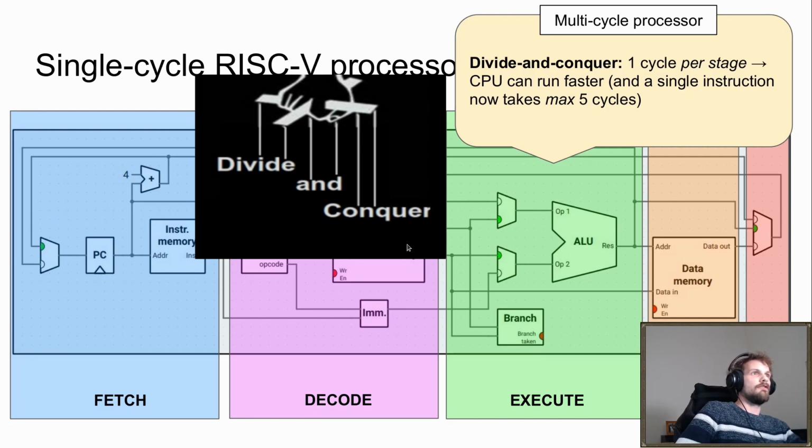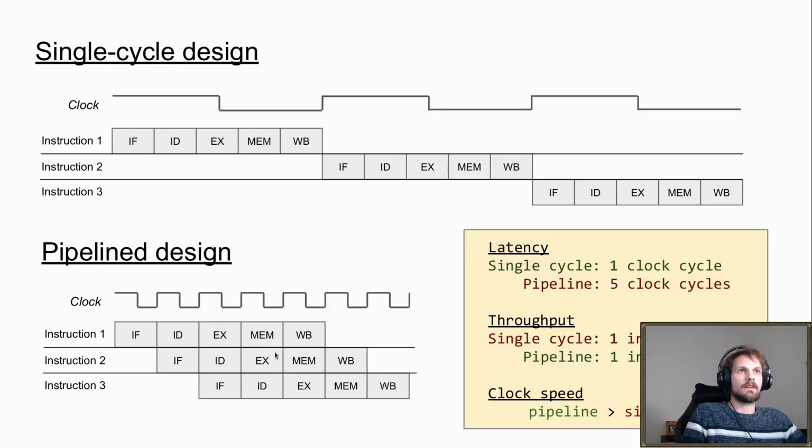Why not divide our CPU into different stages and then have these stages execute in parallel? And this is what pipelining is all about. Assuming now an instruction goes through 5 phases and each phase takes 1 clock cycle, then it's going to take 5 cycles, worst case, for an instruction to complete.